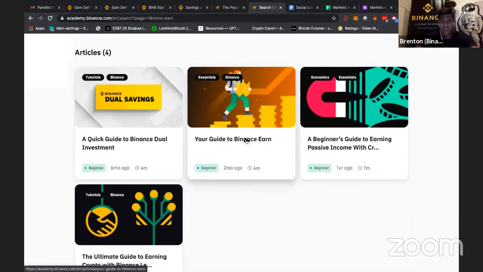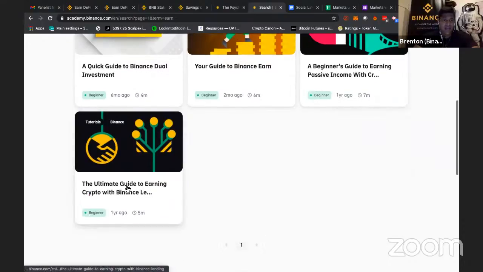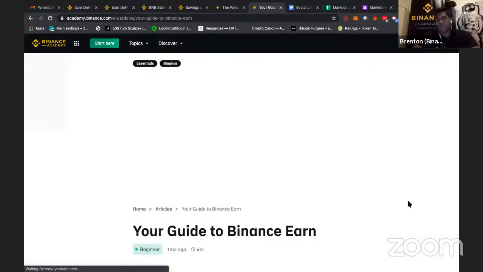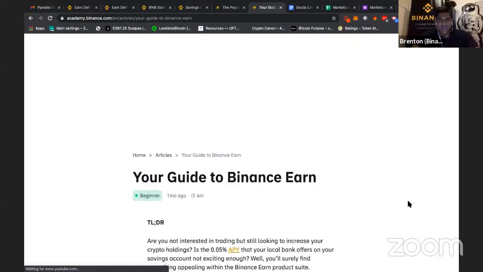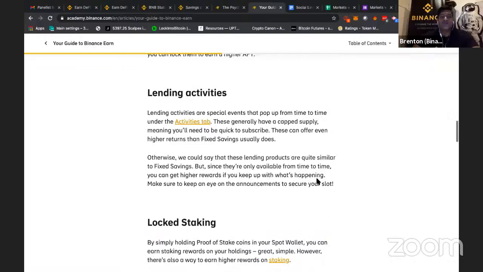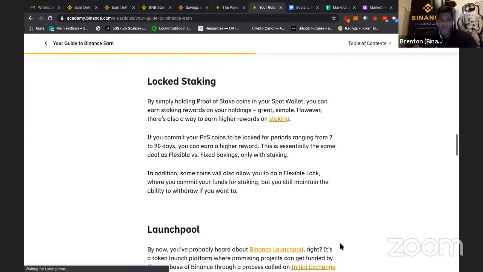And you can see here, you actually have your guide to Binance Earn, a beginner's guide to earning passive income with crypto, the ultimate guide to earning crypto with Binance Lending. And like I said, you can see these are beginner-centered content. It's not very long, but it basically explains everything to you down to the T, but at a very, very basic level.